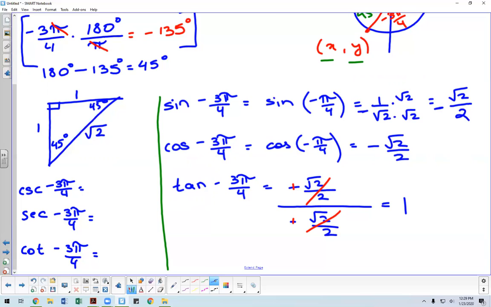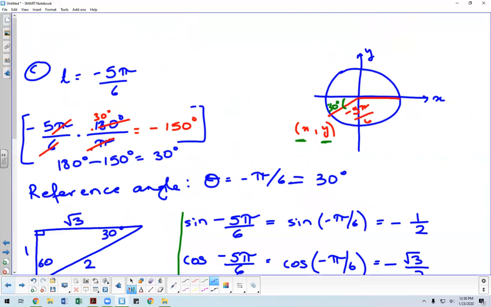You can do it from this, or just think about inverting 1 over square root of 2, which will be the same for both. And what will that make our cotangent? Still 1, because you're inverting this but still dividing the same numbers. That will be a positive 1 for your tangent and cotangent.